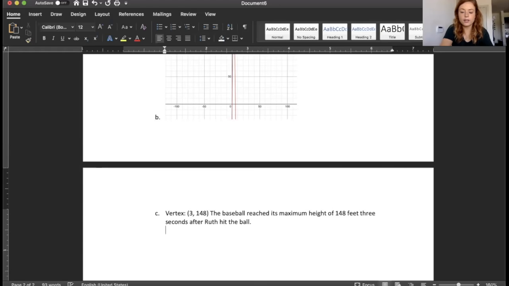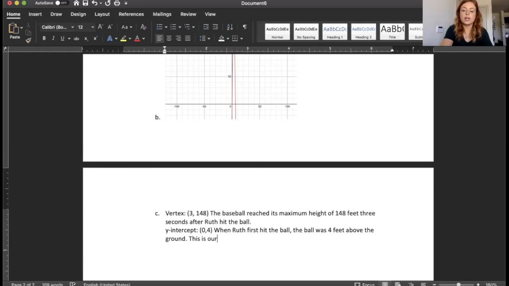Then we have our y-intercept, which was 0, 4. So we would say when Ruth first hit the ball, the ball was 4 feet above the ground.